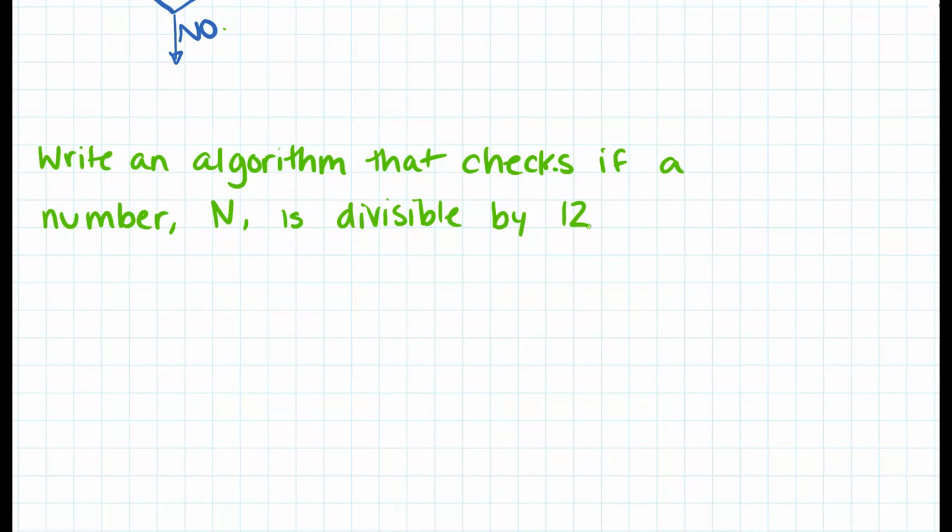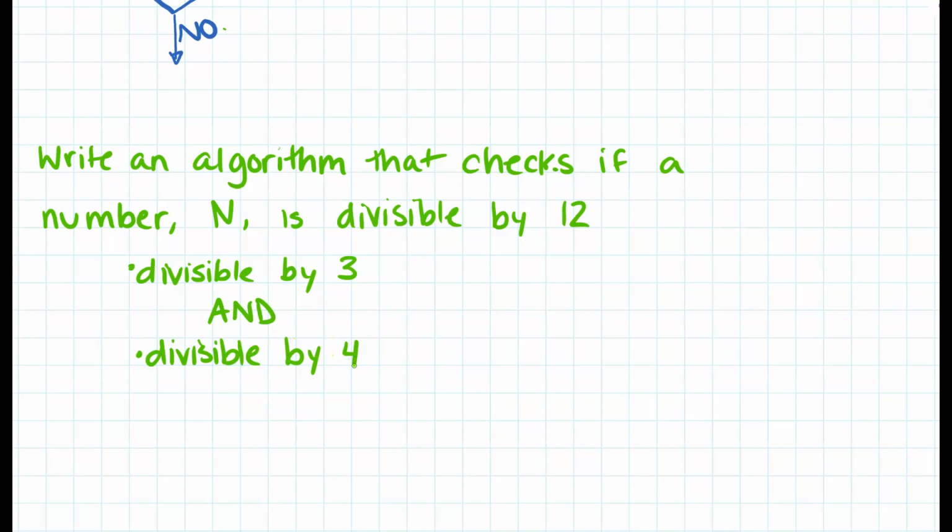There are two things that have to be true in order for a number to be divisible by 12. One of those is that it's divisible by 3, and it has to be divisible by 4.